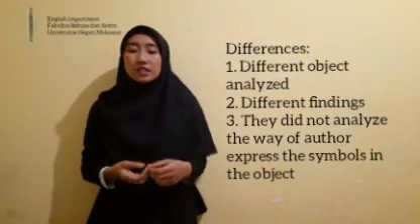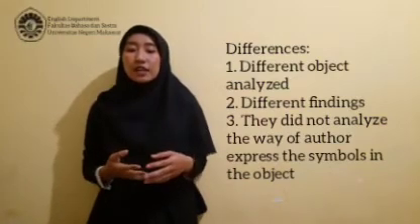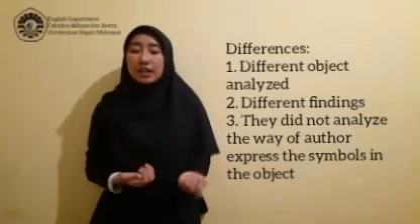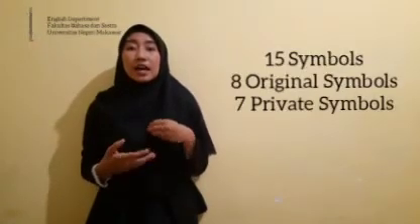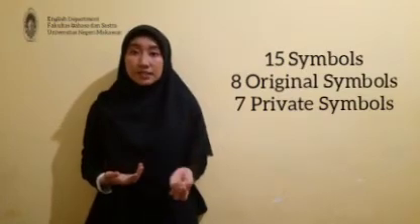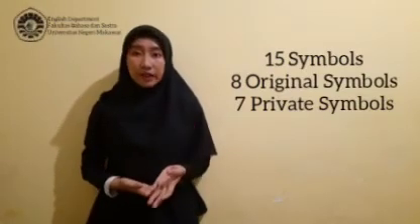This research discovers the symbolism in Kazuo Ishiguro's novel and had a further investigation about the way the author expressed the symbols, while the two previous studies did not investigate how the author expressed the symbols in the novel.